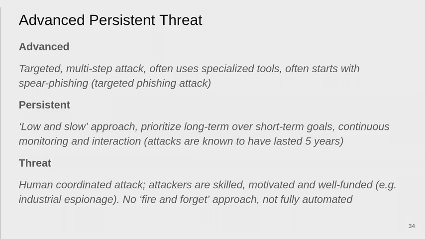Persistent means it goes over a long time. They try to get a foothold and make sure that they are deep in the system over a long time. And threat means they are coordinated by humans, so this is not automated, which usually means it is more expensive, with a clear goal well defined by some form of three-letter agency trying to extract as much information as possible.